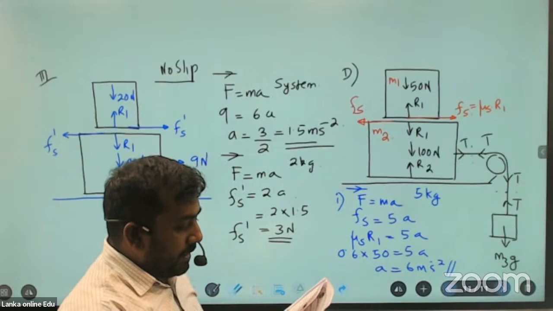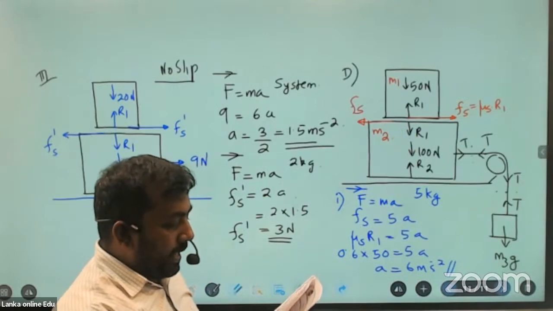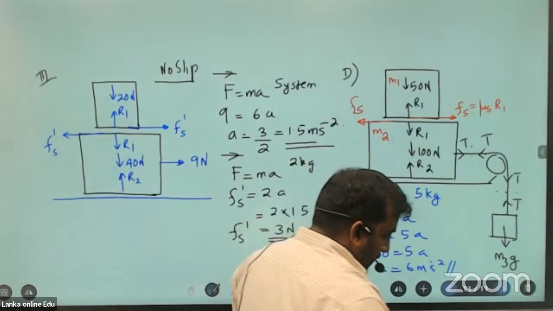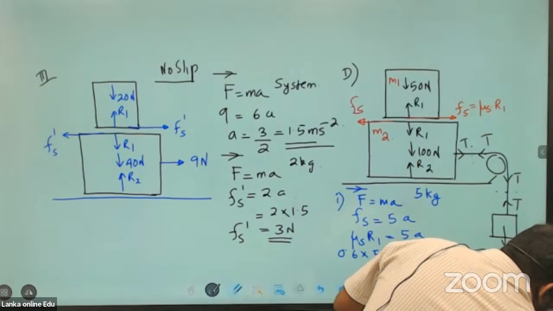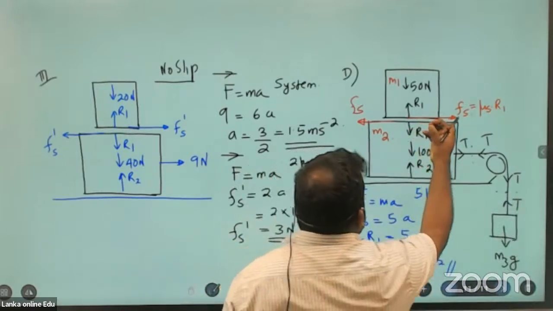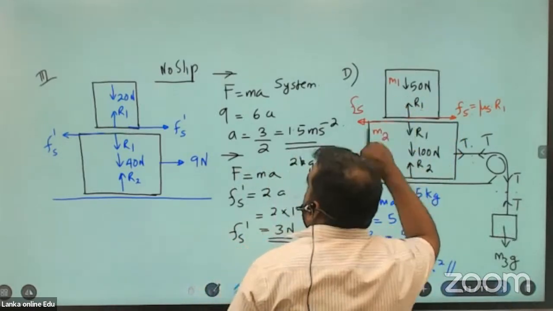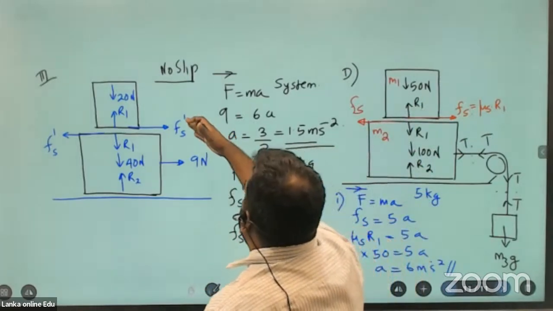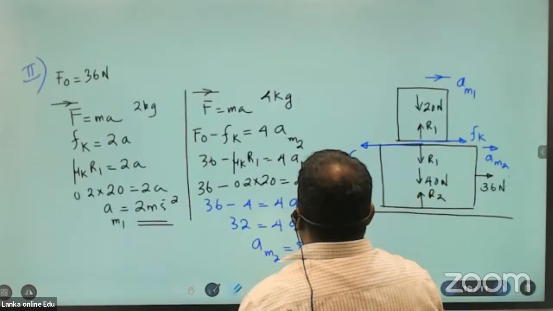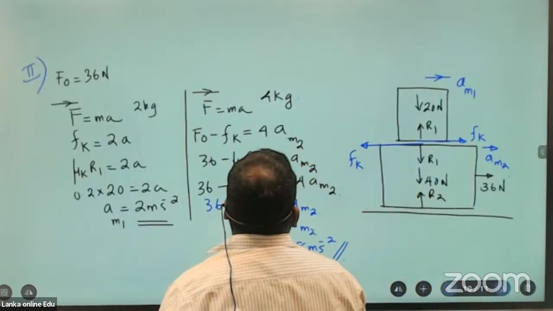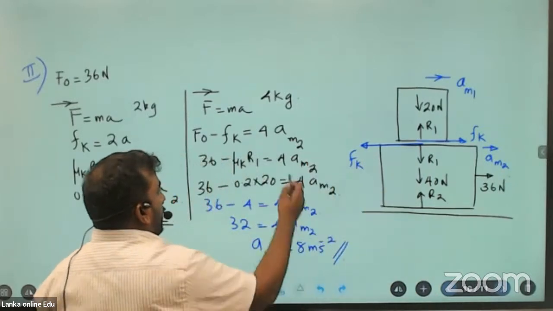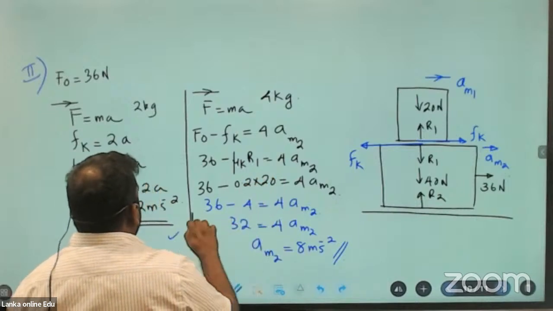What is the maximum acceleration that M2 can have such that M1 does not slip on M2? Maximum acceleration that M2 has so that no slip takes place. Even in the earlier problem it was 1.5 when static. When dynamic, acceleration of M2 is maximum and M1 is going to be minimum, 2.